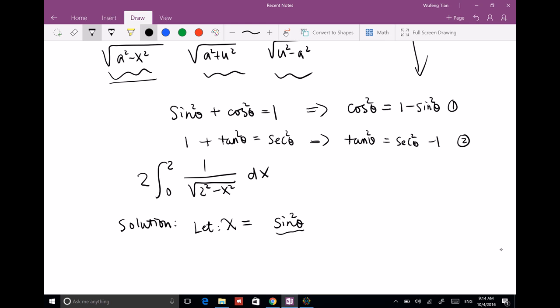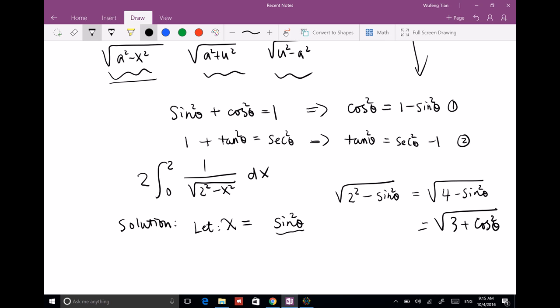I'm going to have the square root of 2 squared minus sine theta squared. Can we use the formula? It's going to be 4 minus sine theta squared. If you use 1 minus sine theta squared, you have 3 minus sine theta squared, sorry, 3 plus cosine theta squared. Does it work?